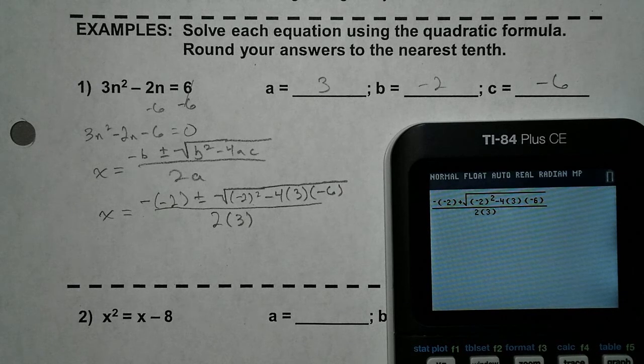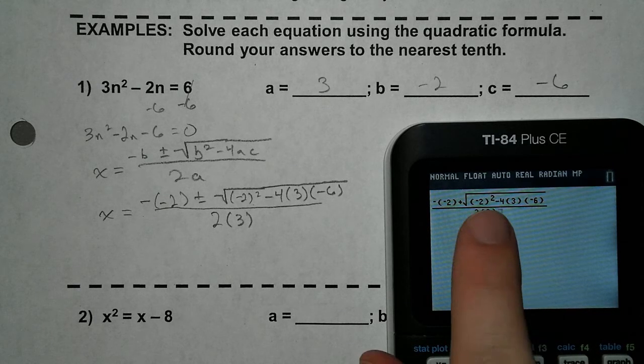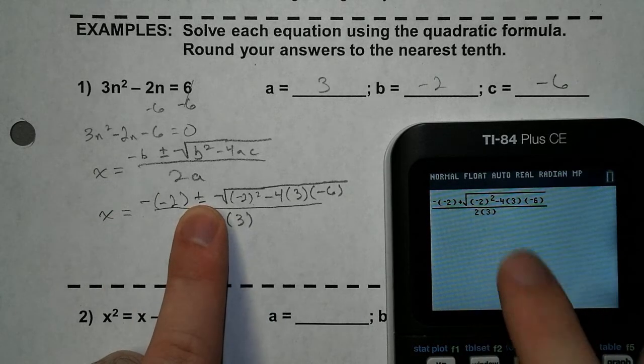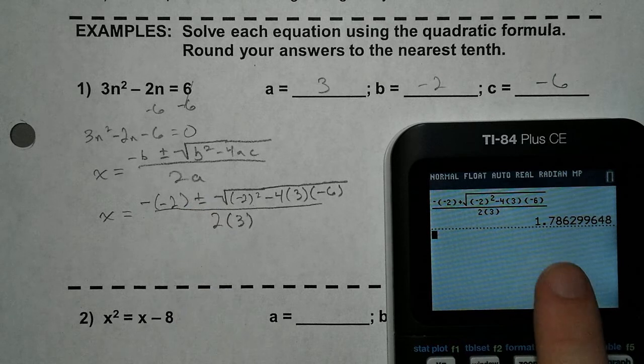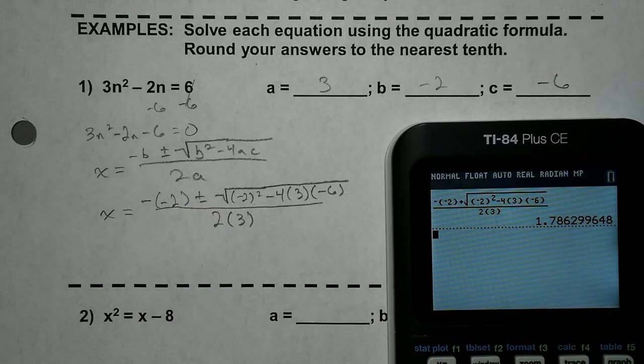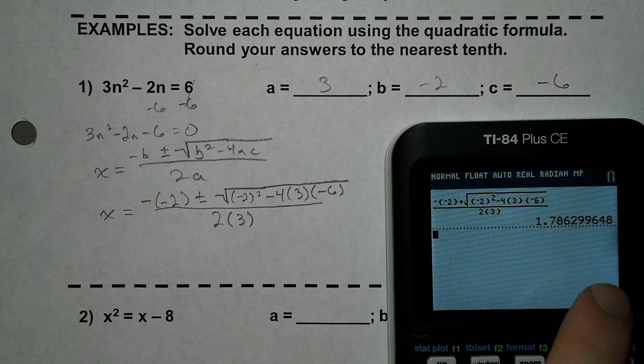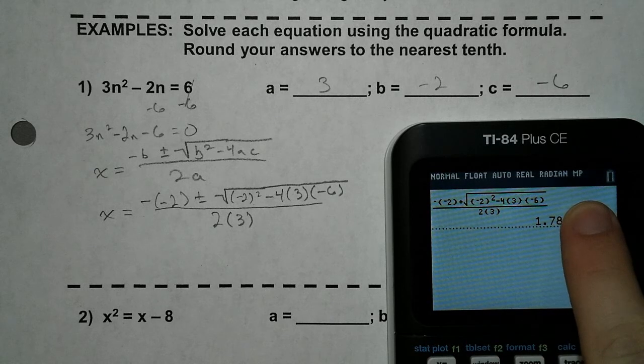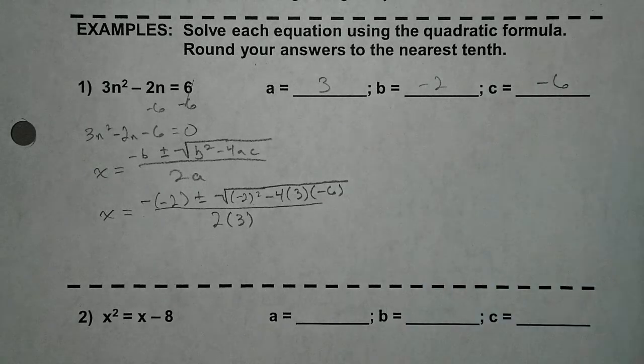Now, your calculator should know order of operations. And remember, since we don't have a plus minus button, we'll do this first with a plus. Push enter. I got 1.7 blah, blah, blah. So we want to round our answer to the nearest tenth when it comes out as a decimal. So look at that 8. That 8 makes the 7 go up. So it's going to be 1.8 is our first solution.